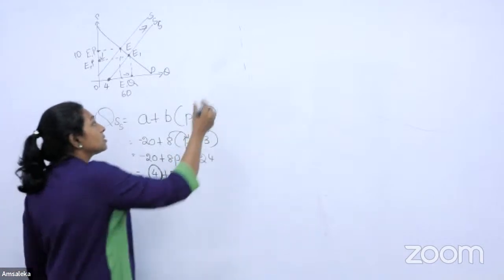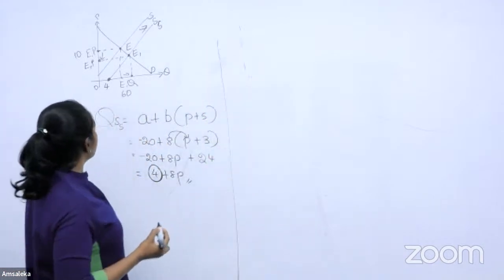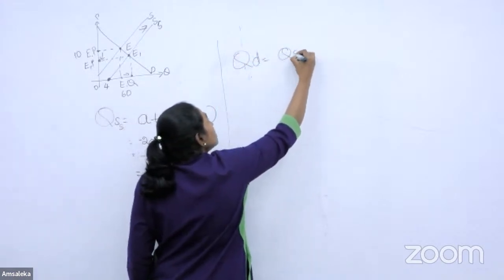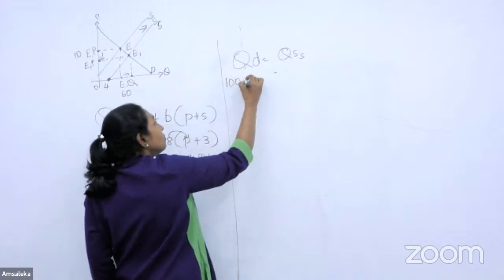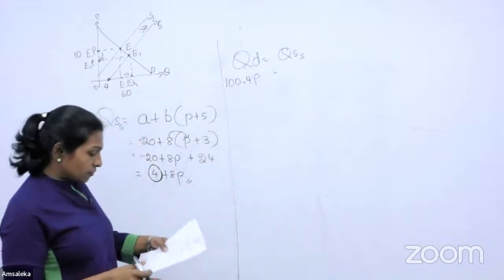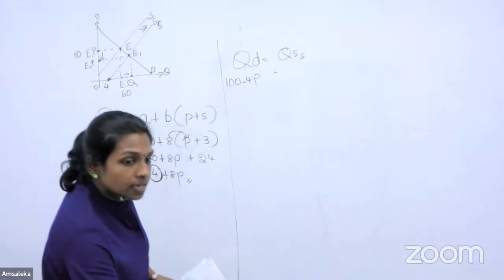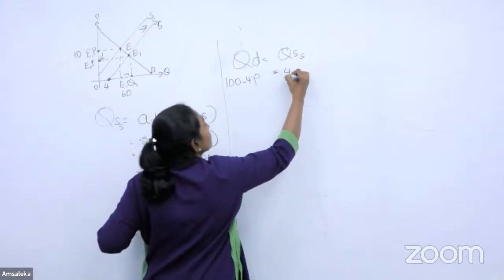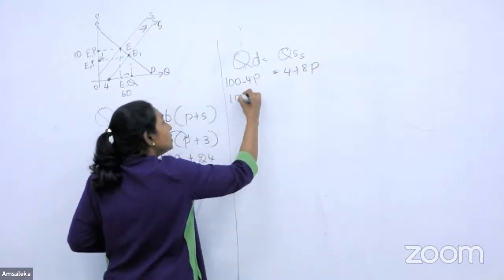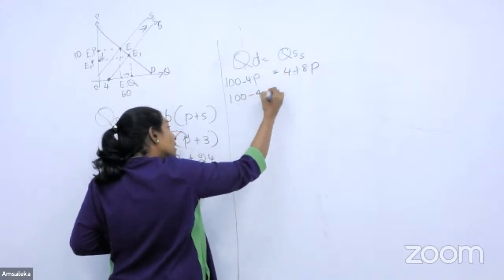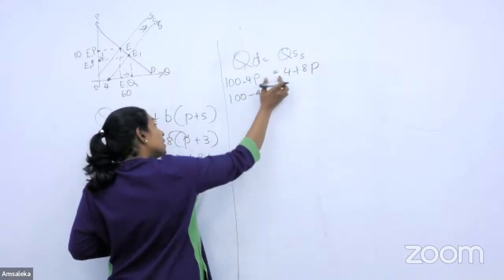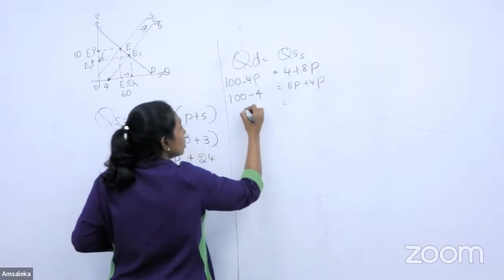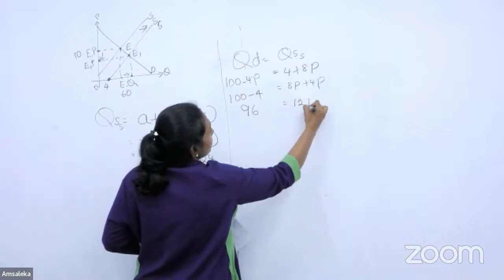See how the graph and maths can confirm it. Now, QS is taken, therefore, same story, QD equals QS. QD is 100 minus 4P, already given. Now the formula is what here? 4 plus 8p. So 100 minus 4 becomes 96, and 8p minus becomes plus 4p, so 12p.